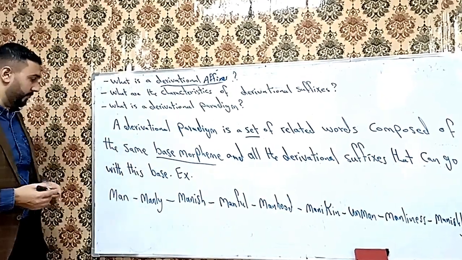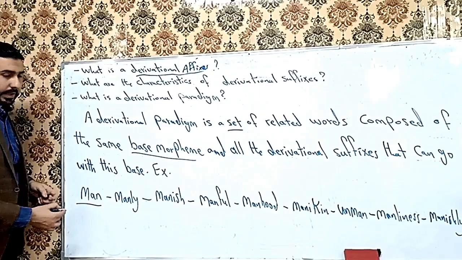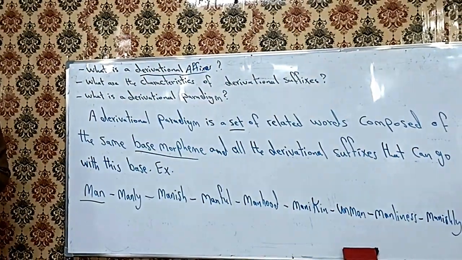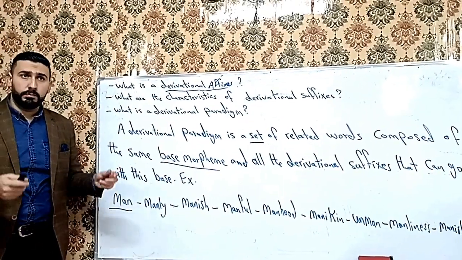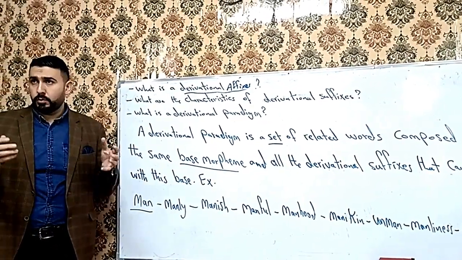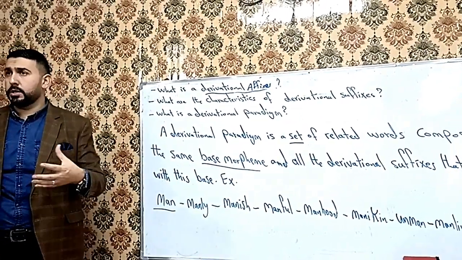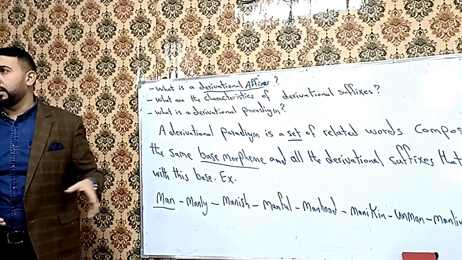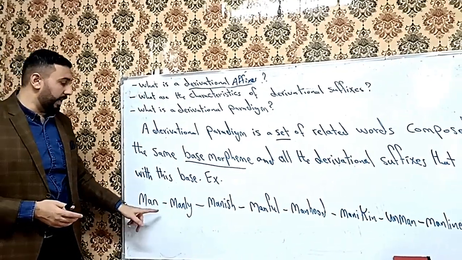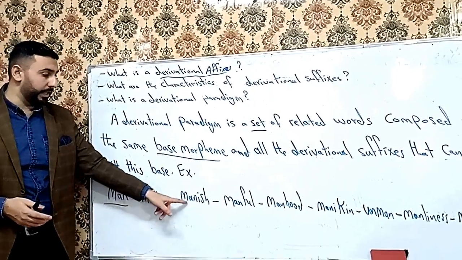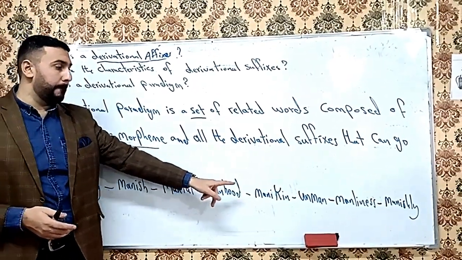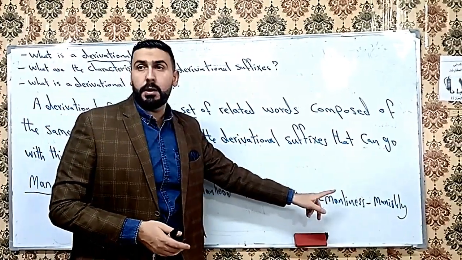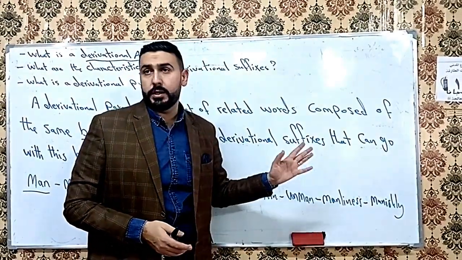For example, we have the word man. عندنا كلمة man يعني رجل. هي تعتبر بيس مورفيم، مورفيم يعني أساس، عفوا مو جذر يعني قاعدة. واضح؟ A base morpheme. So we have manly, we have mannish, we have manful, we have manhood, mannequin, unman, manliness, and mannishness.